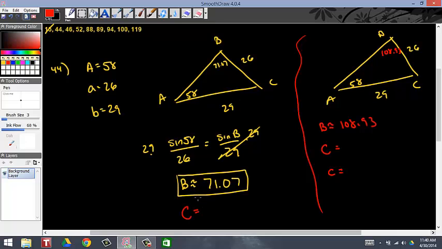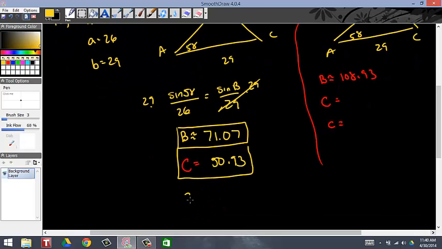Okay, so now I'm going to figure out angle C on the left side of the triangle. So that's 71.07 plus 58, and then minus 180. On the right side of the triangle, C is going to equal 50.93.